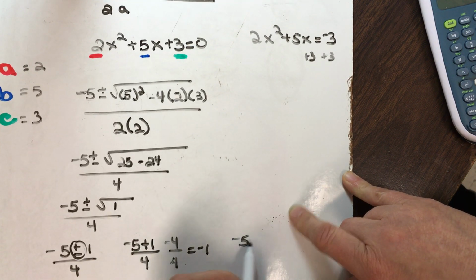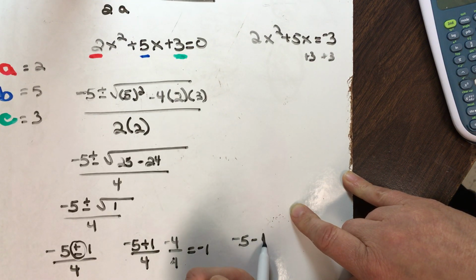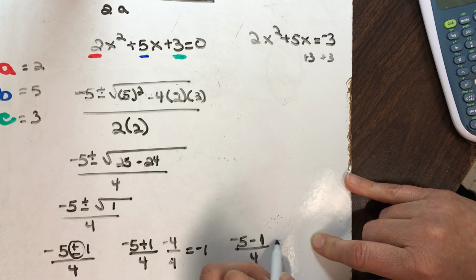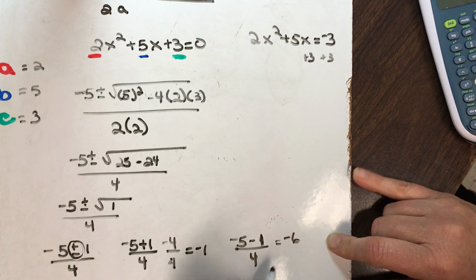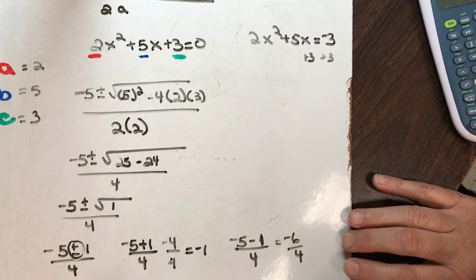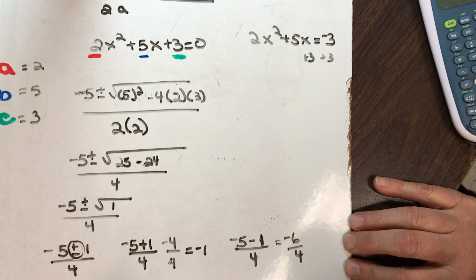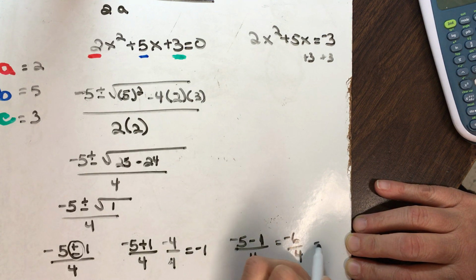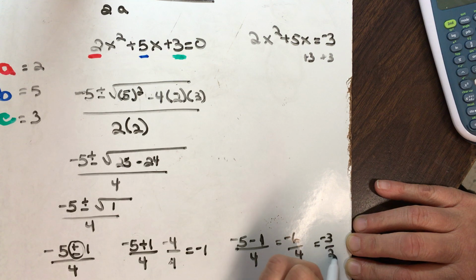So I have a negative 5 minus 1 over 4, and that is going to be a negative 6 over 4, and that reduces down to 3 over 2, or negative 1.5.